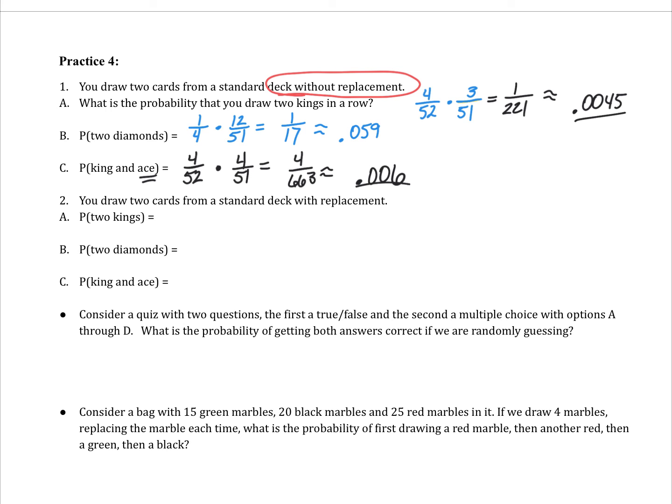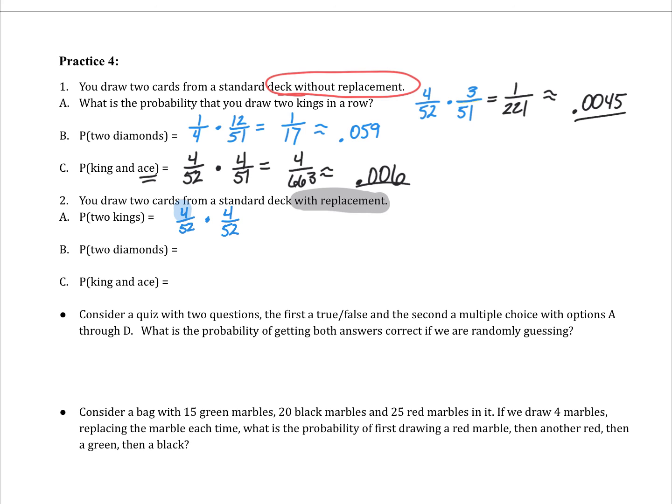Now, keyword on number 2: with replacement, meaning once I select that king, I get to put it back in. So my scenario for the first king was 4 out of 52. There are 4 kings, 52 cards. Well, since I put that king back, I can still select that king, so there are still 4 kings in the deck, and there still is 52 cards in the deck.